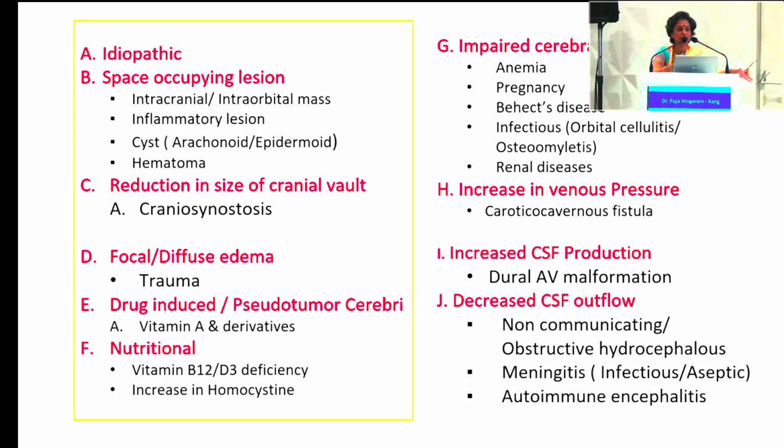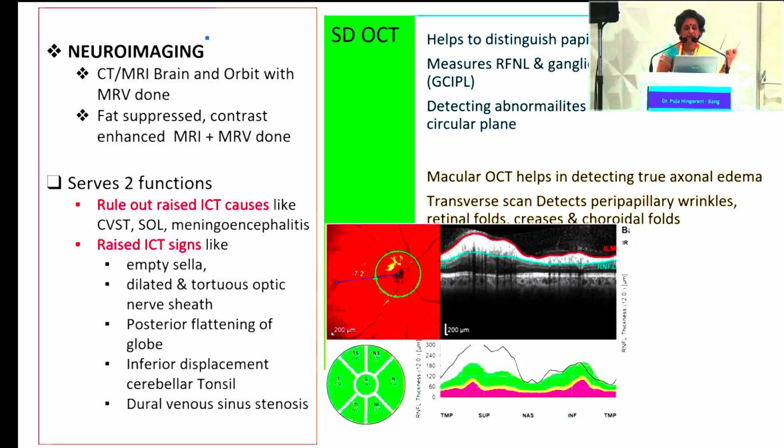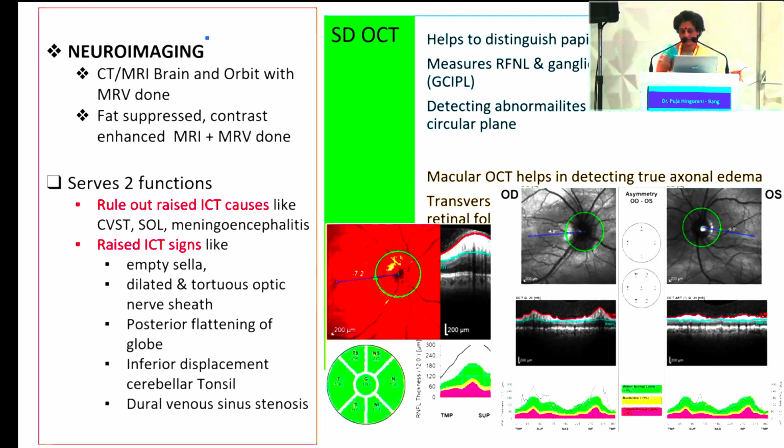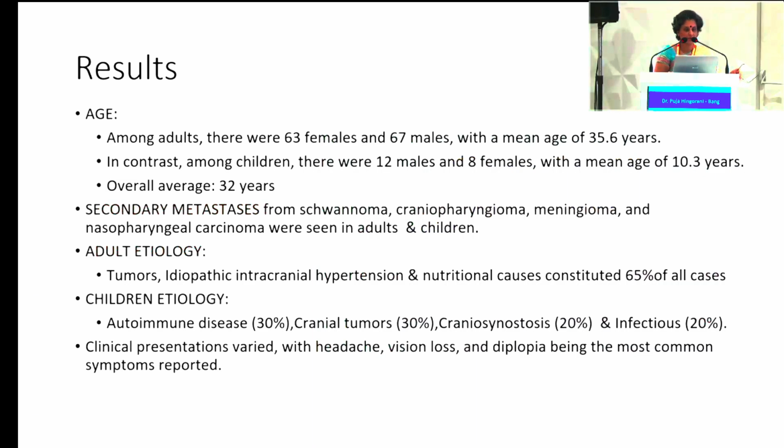In this classification, we had this entire range once we had classified them. Neuroimaging is important because it can show us the retinal ganglion cell layer and plexiform layer, and these are the highly elevated OCT findings, where you can actually see the true axonal edema.